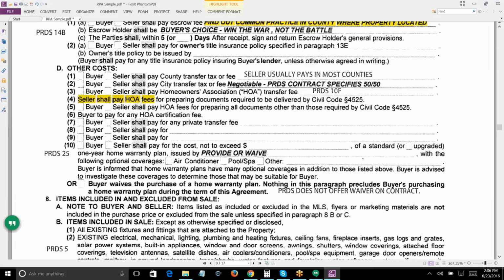But then there are sometimes additional HOA documents, and it's negotiable as to who pays for it. My experience has been they usually throw all of it into one big pile, and so if you pay for it, you get them all. So I would usually put down the seller pays.